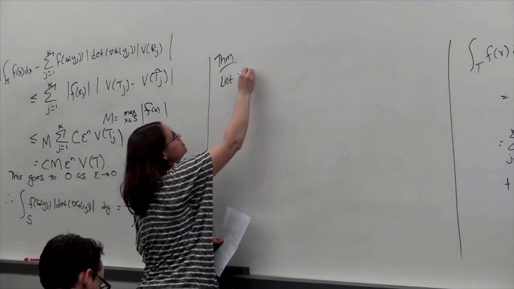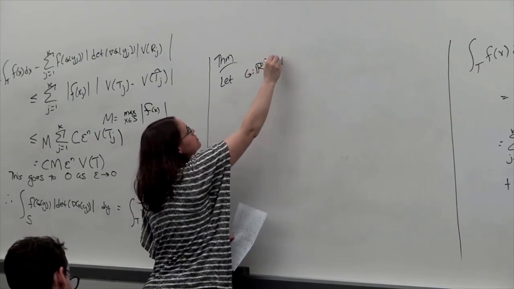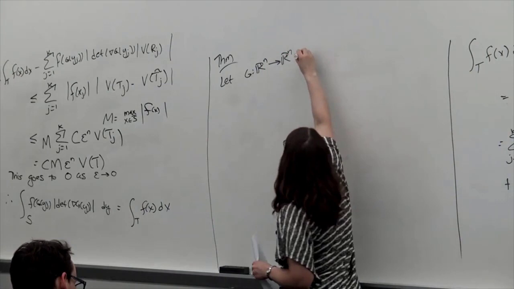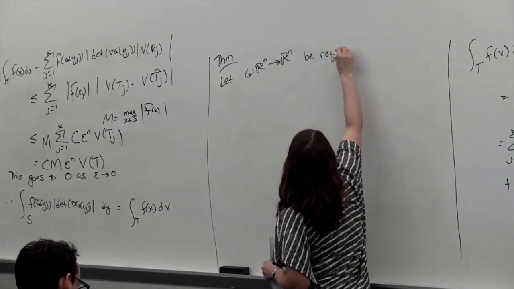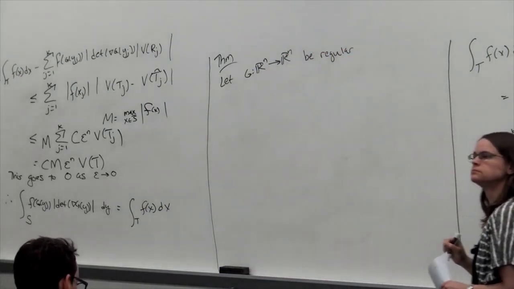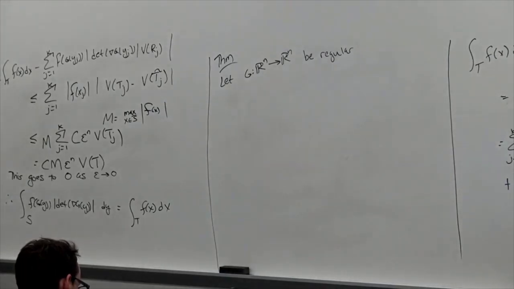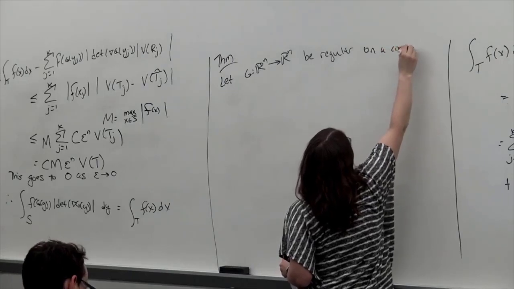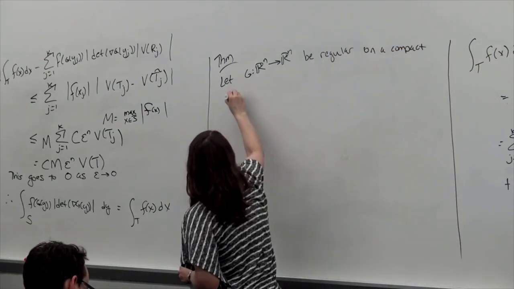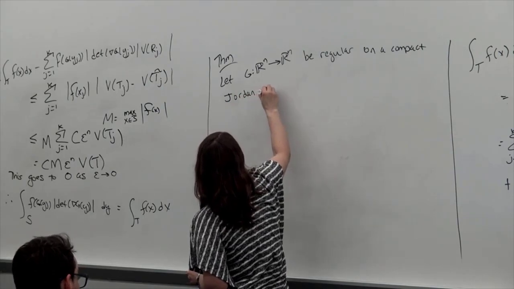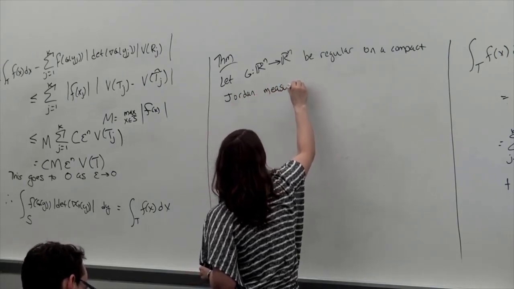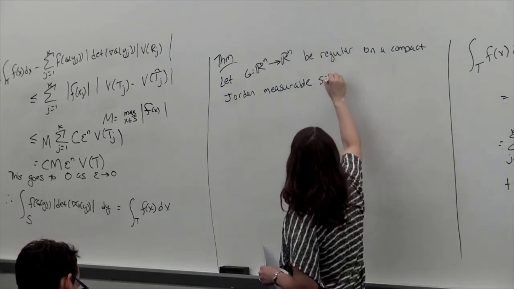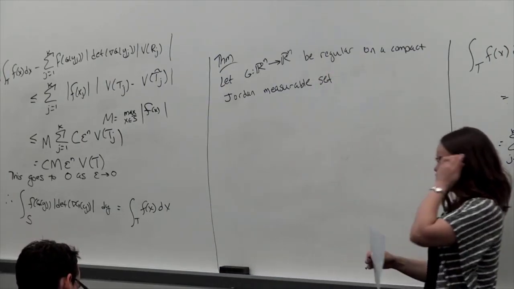Let G be a nice transformation on a compact, Jordan measurable set.